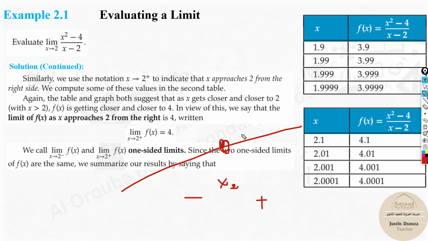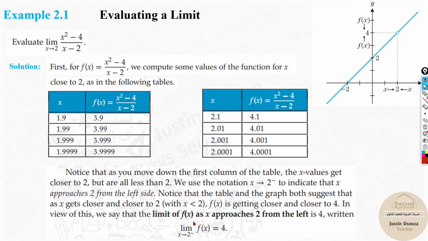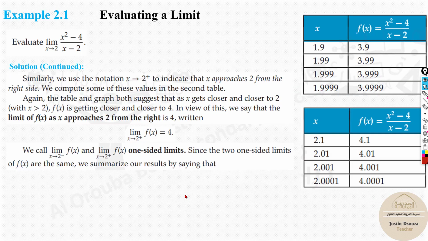Right means the right of it, positive side, plus; left is the minus, negative side. So these are called one-sided limits. This one indicates just one side, not both sides, and this indicates another side. So we call them one-sided limits.